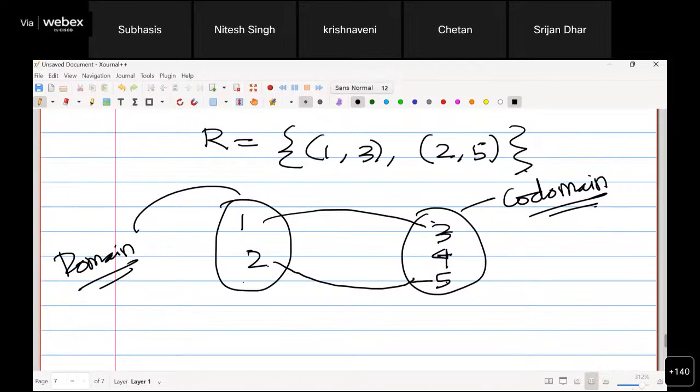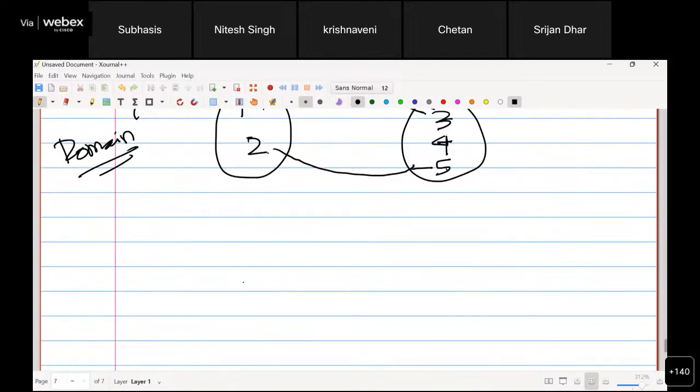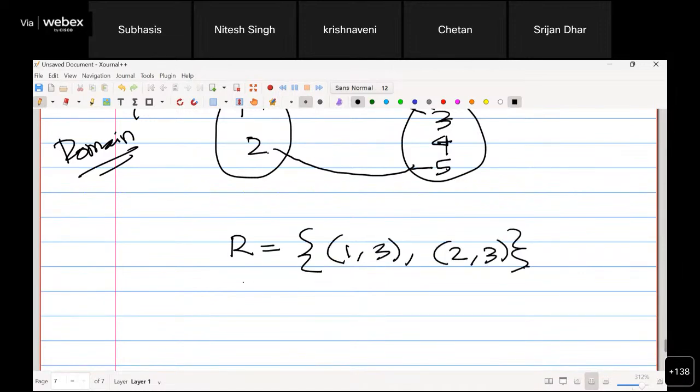That is actually the definition of a one-one function, so that is the difference between a function and a one-one function. Let's say this example: 1 goes to 3 and 2 goes to 3. Is this a function?